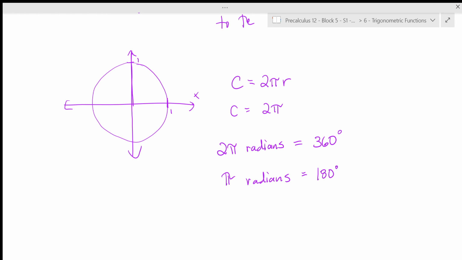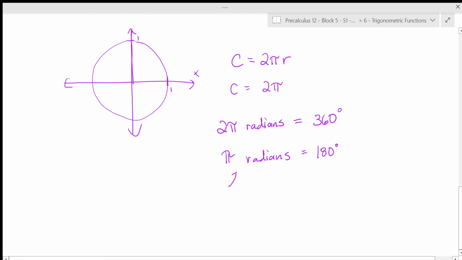So if you multiply the radius times pi, you'll get the distance halfway around the circle, or the angle that gives you halfway around the circle. Okay? And the key thing here is that radians are given as a number, and degrees are a different kind of angular measurement that requires a special tool. We can't think of that as a number.